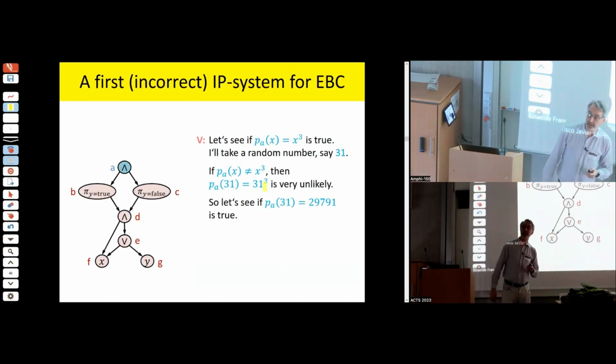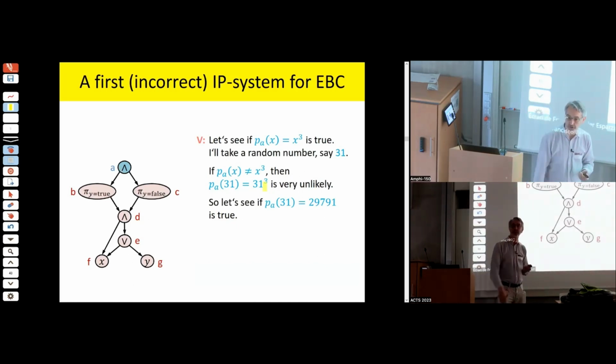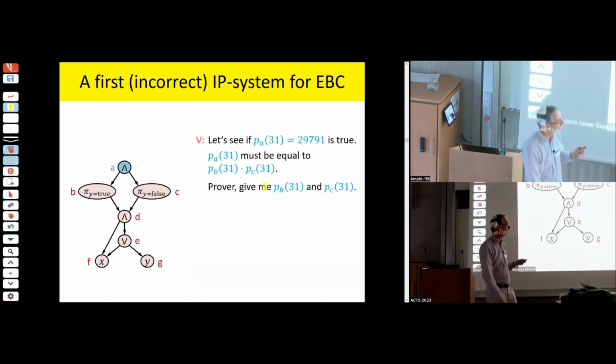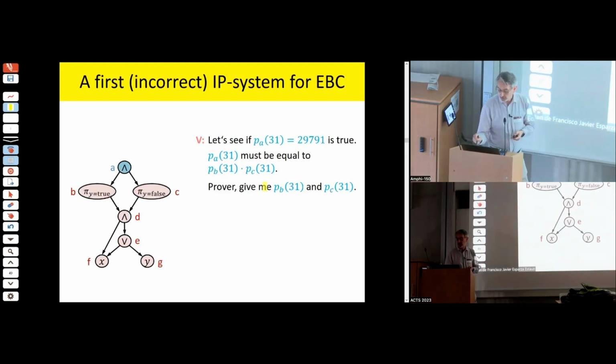what the verifier then says is, okay, let's see if PA of 31 is that number or not. That's 31 to the cube, right? So then the verifier says, okay, well, let's look at the circuit. This is an AND node.